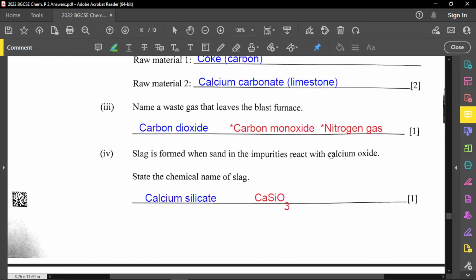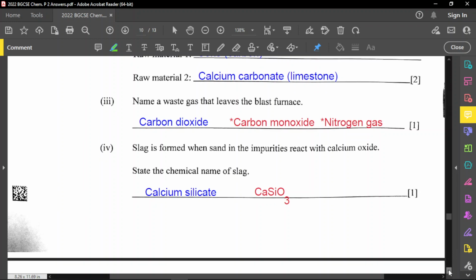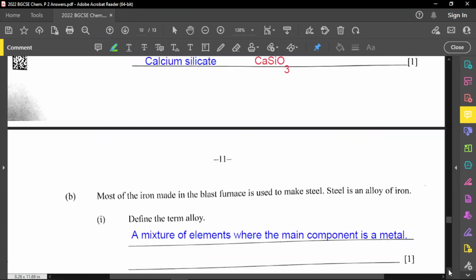Once silicon reacts with calcium and oxygen, you get calcium silicate. So notice the elements present: calcium, oxygen, and from the sand you get silicon, and so therefore we got CaSiO3. That's the chemical formula, but the name is calcium silicate.